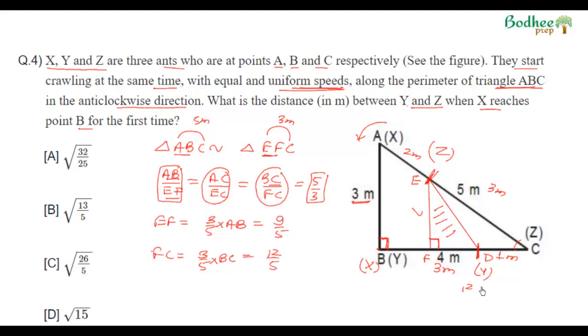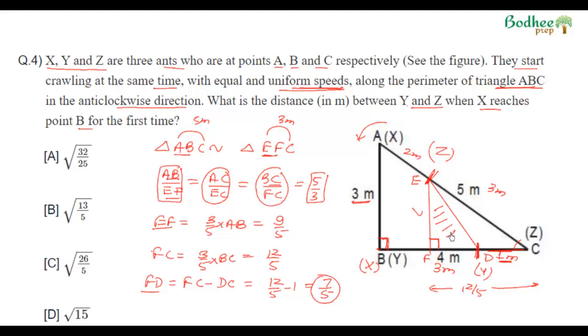Now this entire length is 12 by 5, and this much length is 1 meter. So FD is nothing but FC minus DC, which is 12 by 5 minus 1, which is equal to 7 by 5. So we have identified both FD and EF.